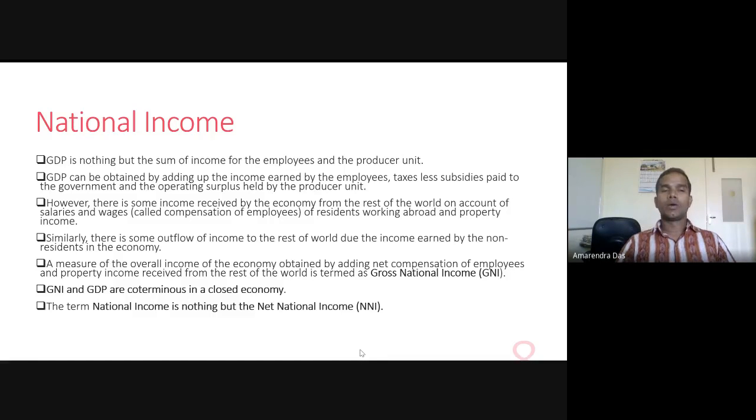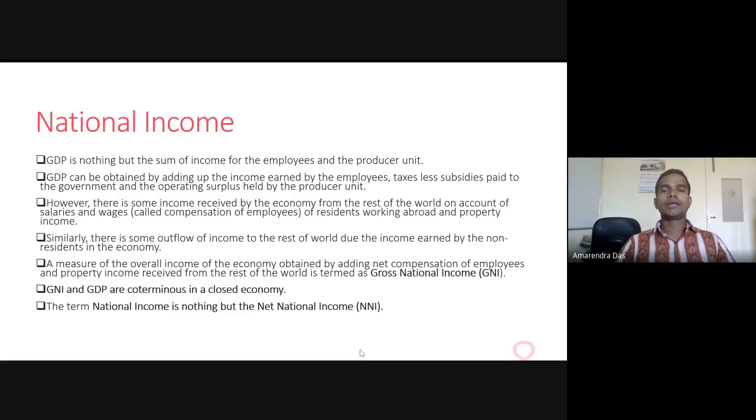So if you aggregate all this, then you get GDP. So GDP again is basically the summation of all the income earned by the employees and all the operating surplus held by the producer unit plus the taxes and minus the subsidies.